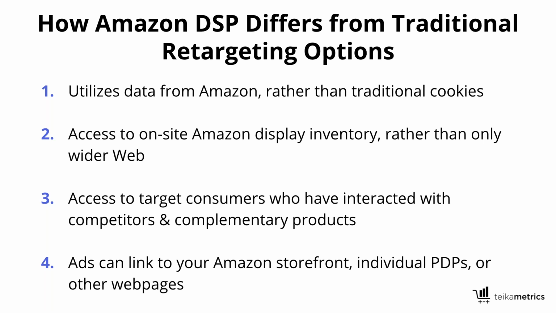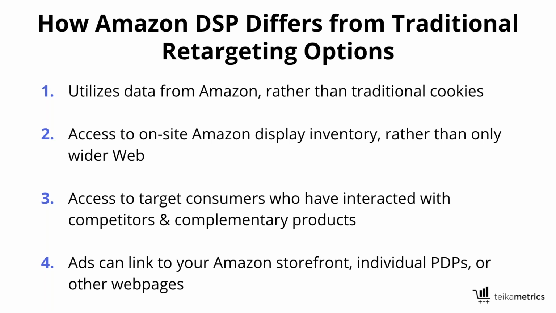It complements what you're doing on the sponsored products and sponsored brand side of things. It increases brand awareness and gives your shoppers more of that brand recognition that they're looking for. So you're able to tell your story a bit better with a more cohesive advertising strategy.